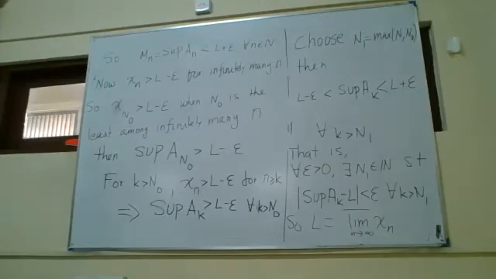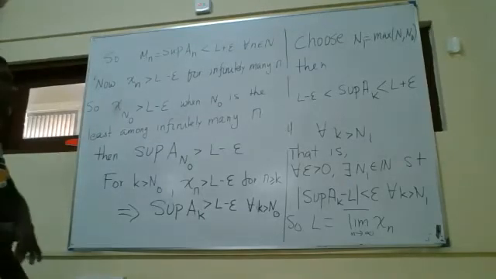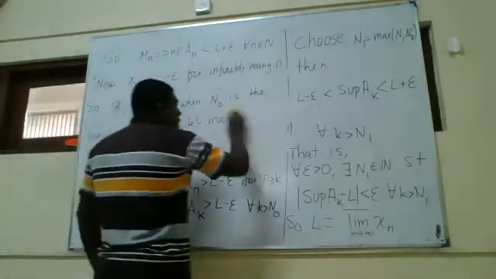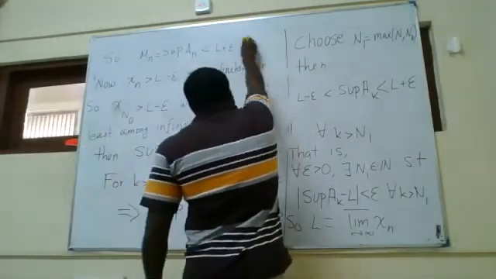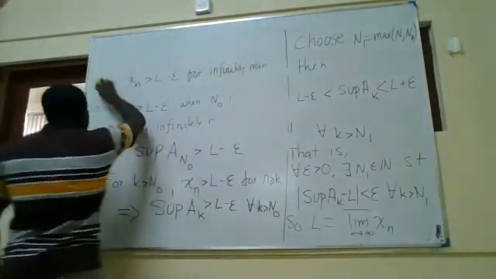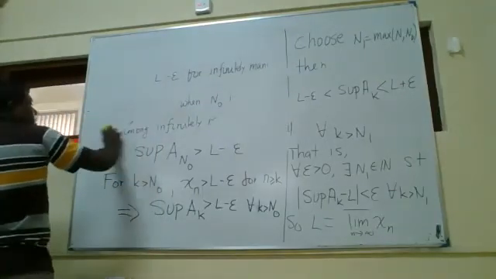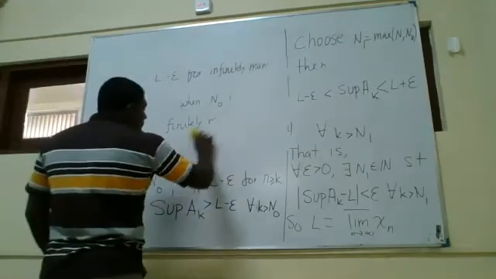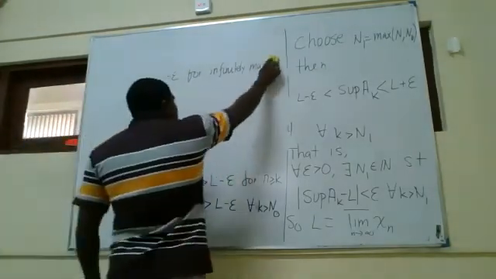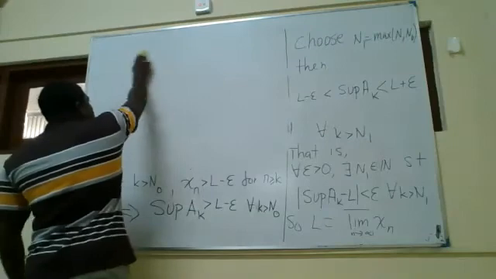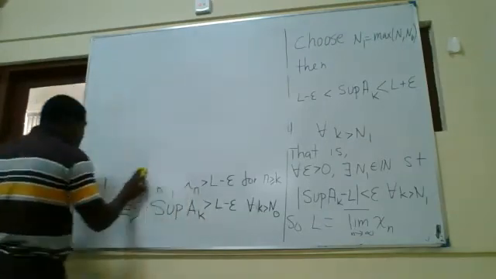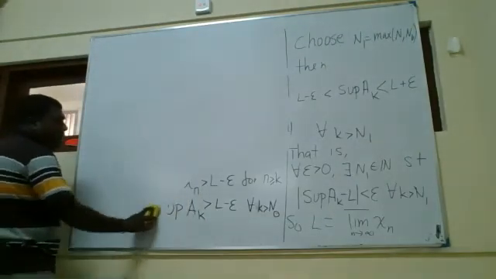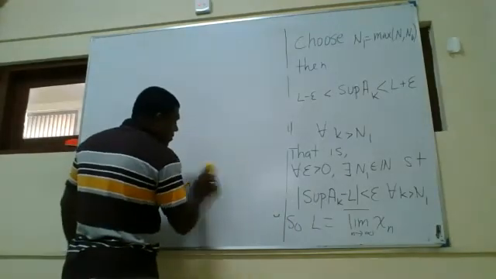Right? So interestingly, whenever the upper limit and the lower limit are equal, that is what we call the limit of the sequence, right? So whenever they are equal, they are actually equal to the limit of the sequence. If they are equal to the limit of the sequence, then we can say the sequence converges.